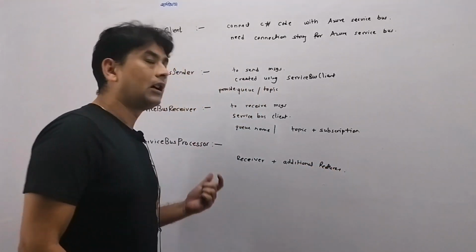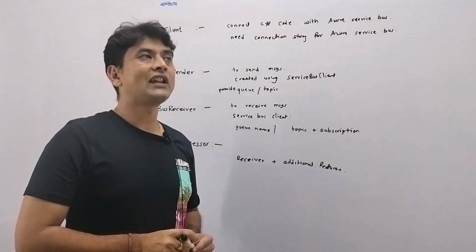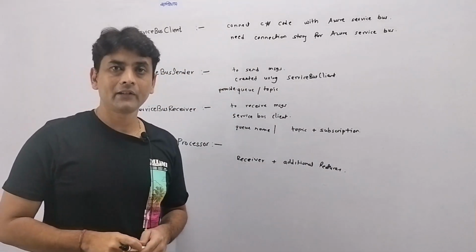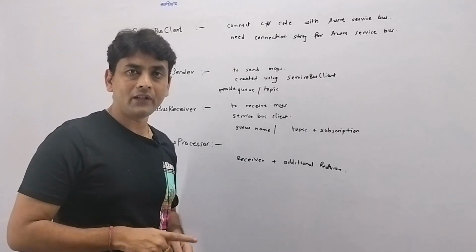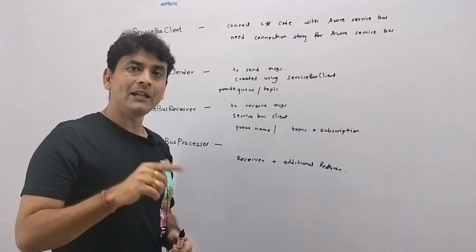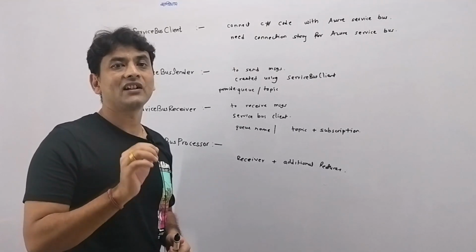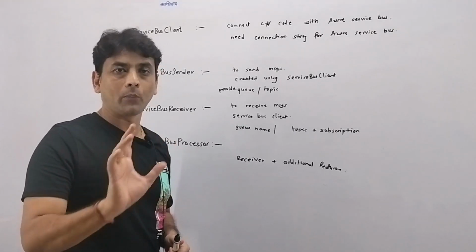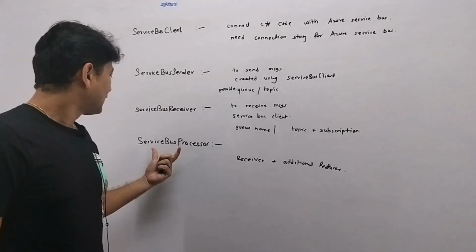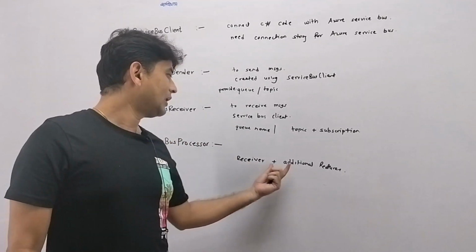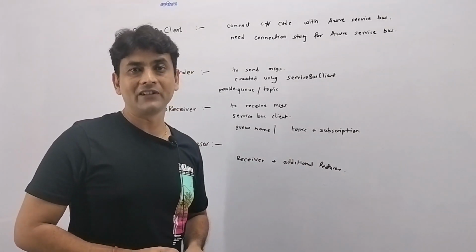For example, with Service Bus Processor, you can create a delegate or a function pointer that will keep running and will execute whenever a new message arrives in the queue or a topic. So ServiceBusProcessor is receiver plus a few additional features.